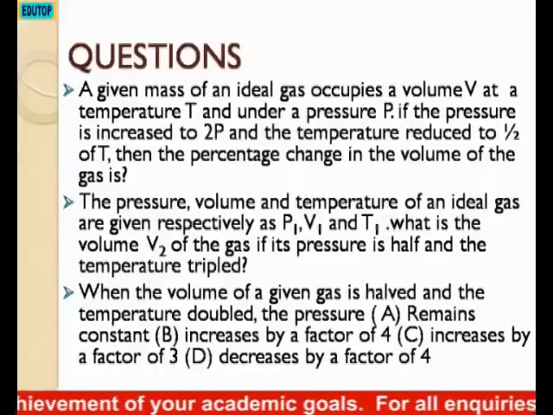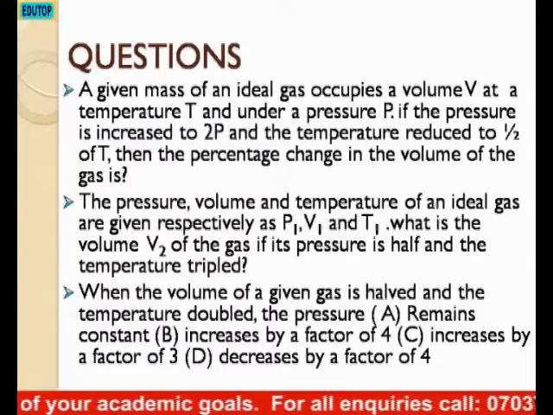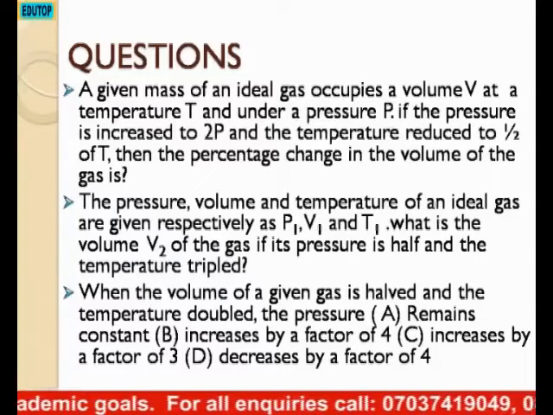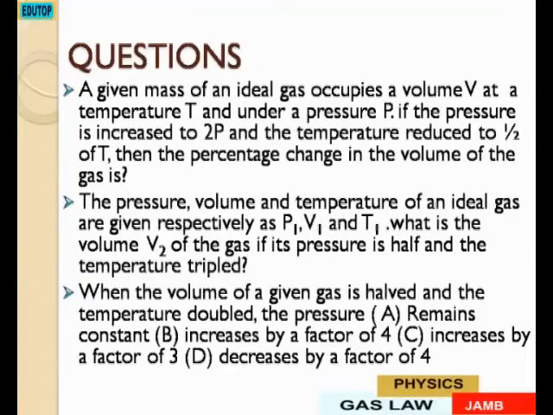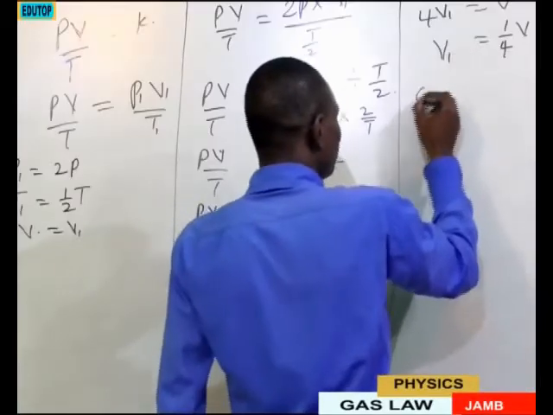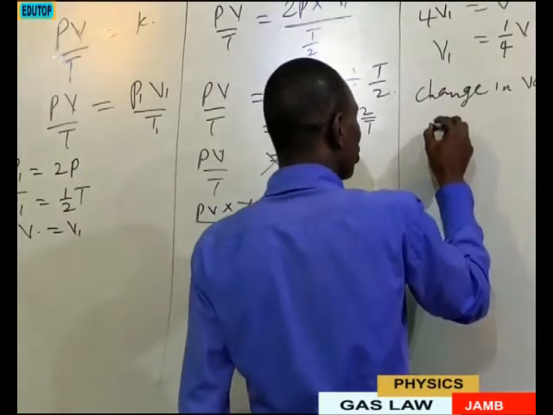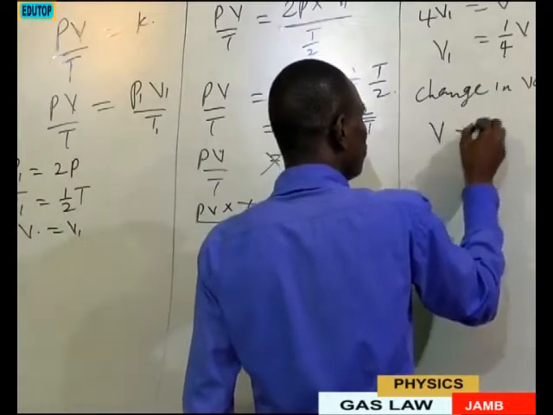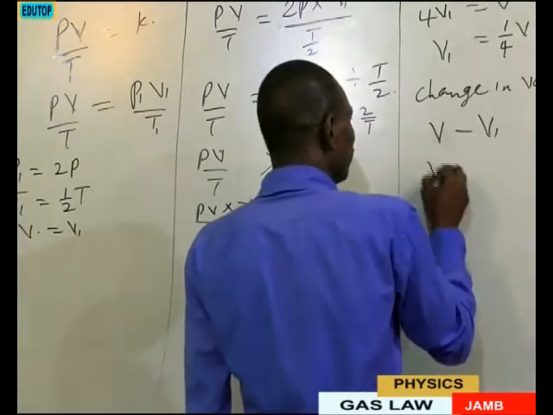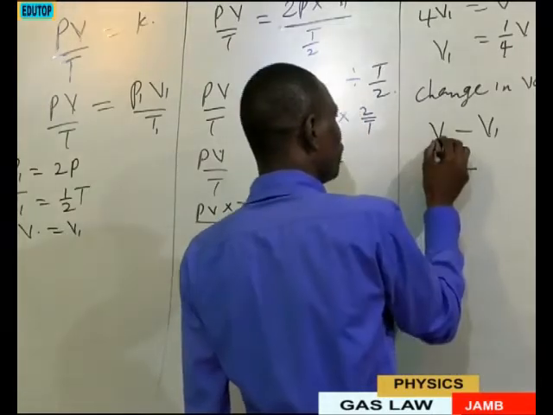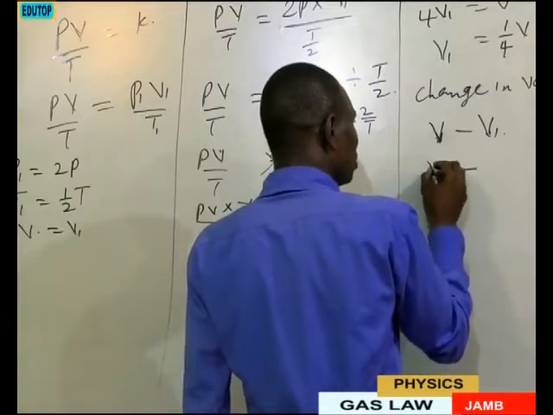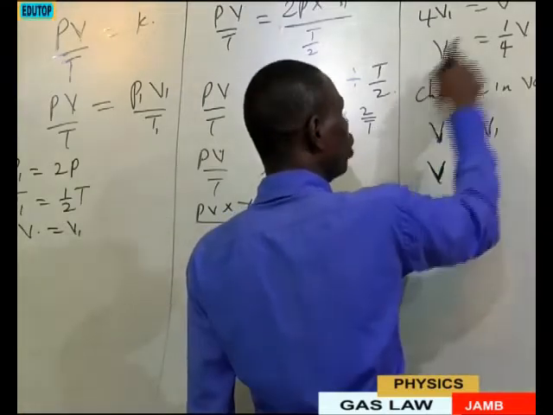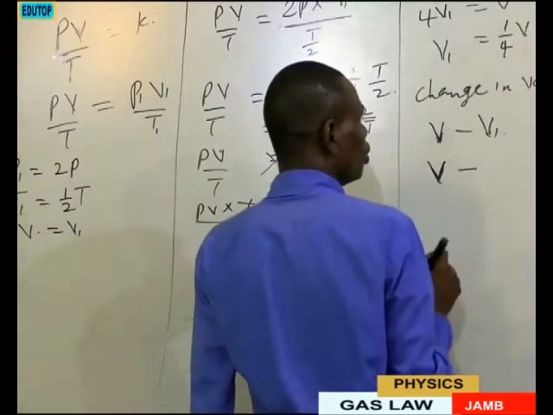Yes. But if you look at the question, it says we should calculate the percentage change in the volume of the gas. Percentage change in the volume. That means the change in volume will be equal to V minus V1. V is the final volume, V1 the initial volume. Final volume will still remain the same V. Initial volume is the one that gives us this value.